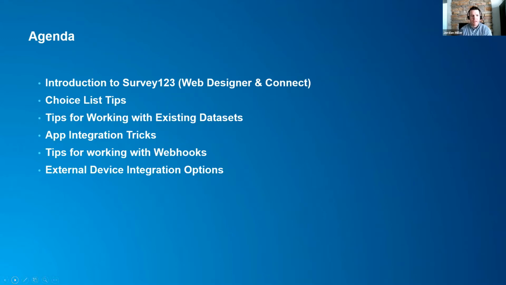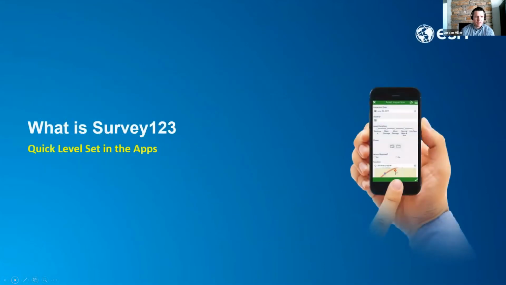Talk about some app integrations, working with webhooks, some of the different webhook technology that exists right now that you can take advantage of, and you've been able to with Survey123 for some time now. Then close it out with some integration talk with external devices. So with all that said, let's get right into it.